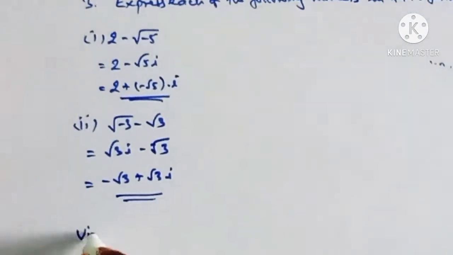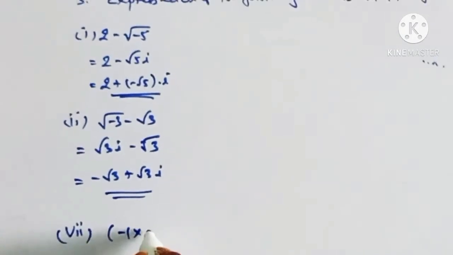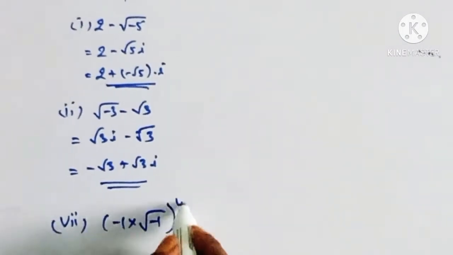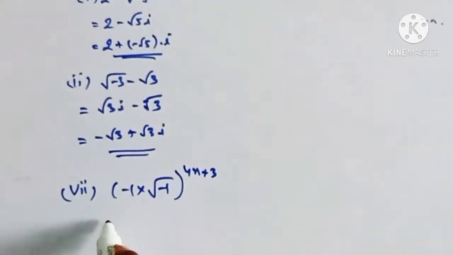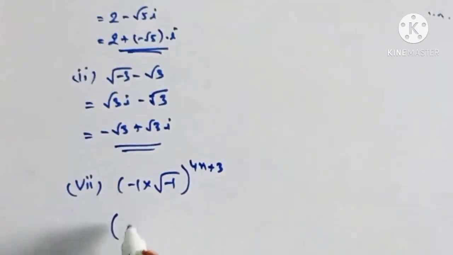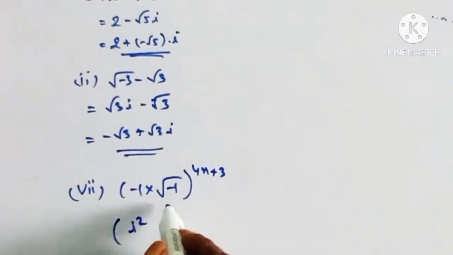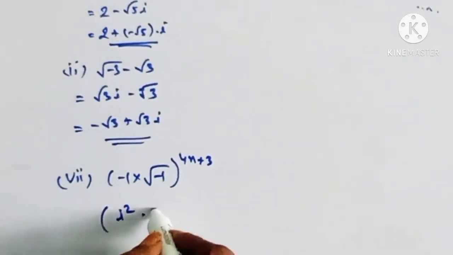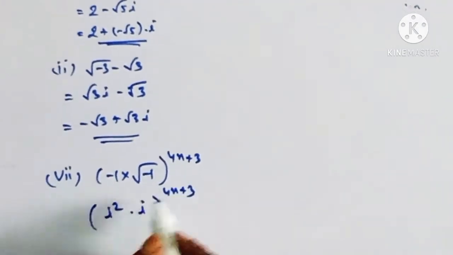Now question number 7, minus 1 into root minus 1, this whole power 4n plus 3. Now here you see, minus 1 means i square, and this is into i, to the whole power 4n plus 3.